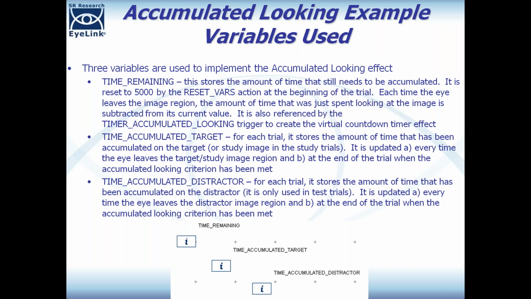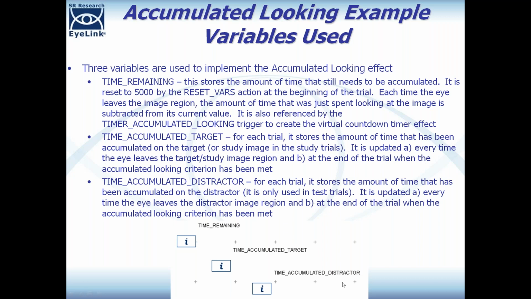But on the test trials, we're checking to make sure that they've accumulated 5,000 milliseconds across the two images, and this will tell us how much of that 5,000 milliseconds was directed at the target image. And then the time accumulated distractor will tell us how much of that time was directed at the distractor image.